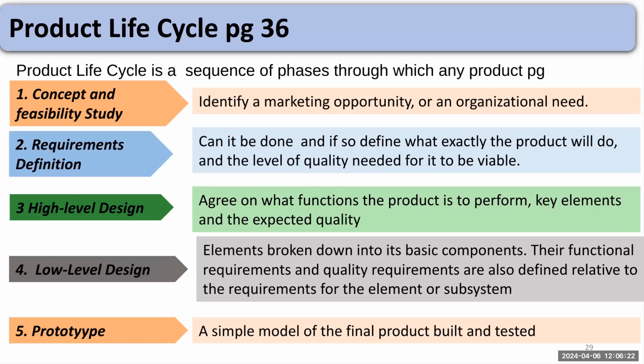By making the simple product, we test the prototype. This simple product, we call it a prototype. If the prototype is a success, we will start to make the final product.